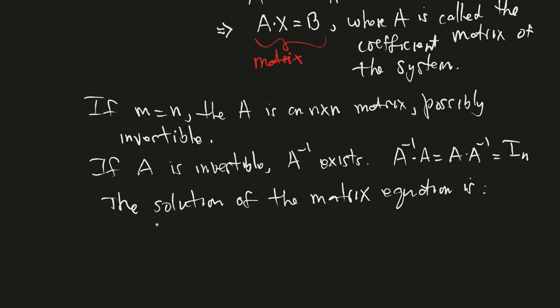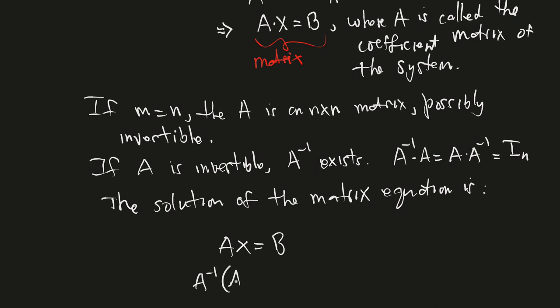AX equals B, right? Again, when we write it like this, there's very little that really sets it apart from the notation that we use when we're solving equations for numbers. But we know that these are now matrices, so I can't just say divide by A. There's no matrix division. But what I can do is multiply both sides of this equation by the inverse.